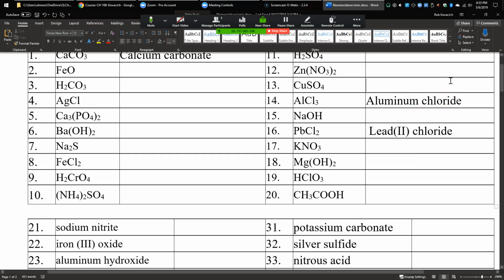So you just say aluminum chloride. So my question now is, if I gave you aluminum chloride as a name, how do you get back to AlCl3? When you read aluminum chloride, how come it's not just AlCl?